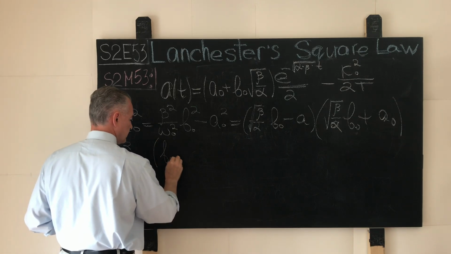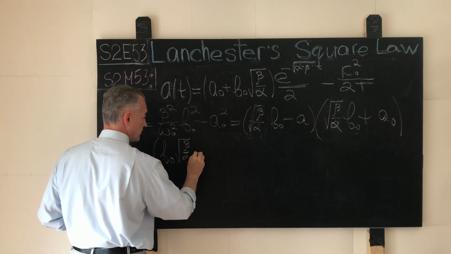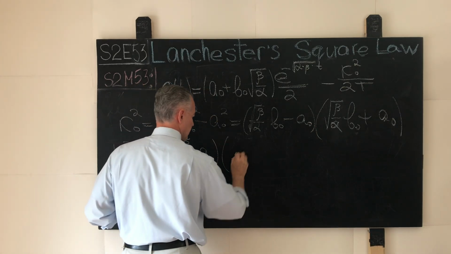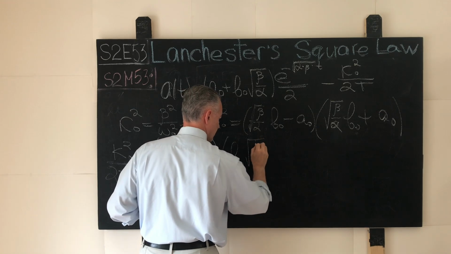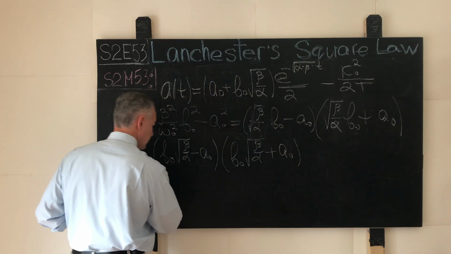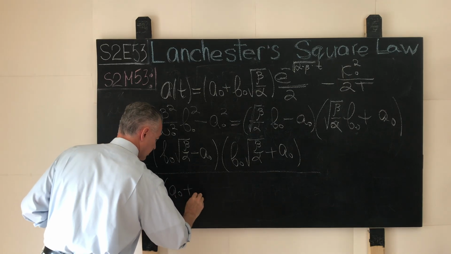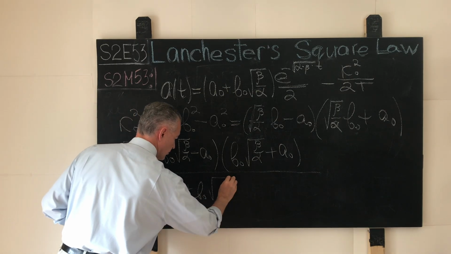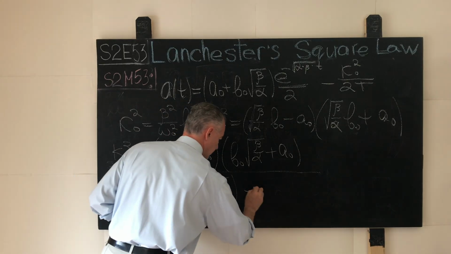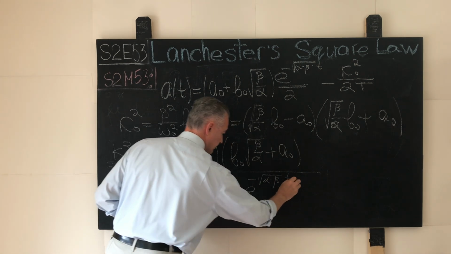It will be b0 square root of beta over alpha minus a0 times b0 square root of beta over alpha plus a0, difference of squares, divided by a0 plus b0 square root of beta over alpha times e to the power negative, let's write it down right away, square root of alpha beta times t.